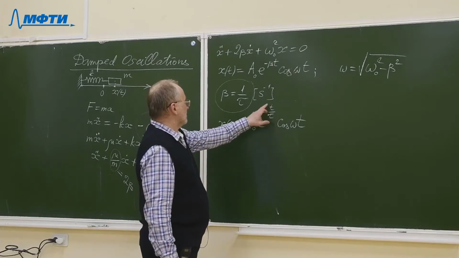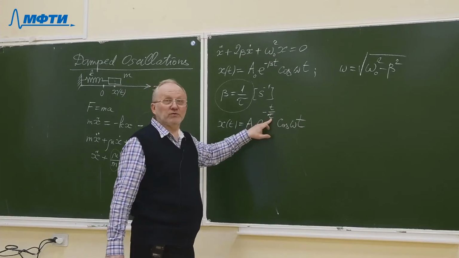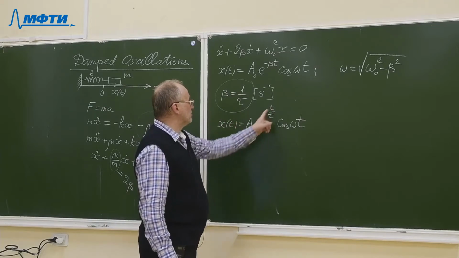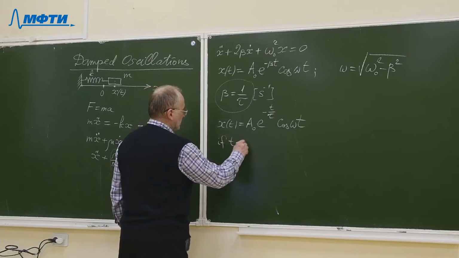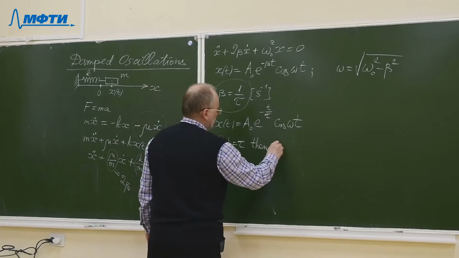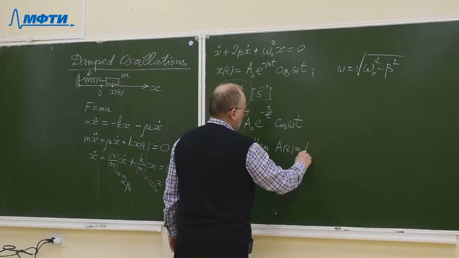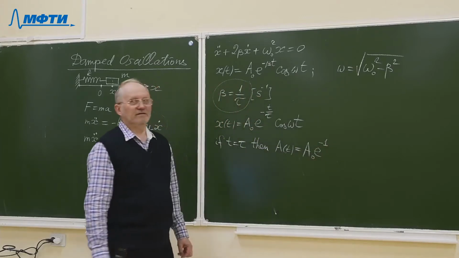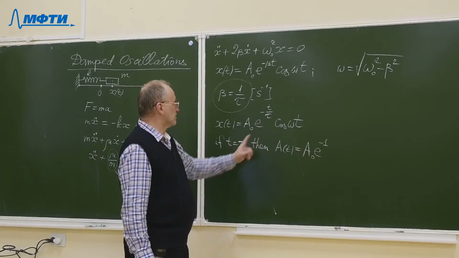Now it's absolutely clear what is the physical meaning of tau. Tau is such a time interval during which the amplitude will be reduced by a factor of e. So if time equals tau, then the amplitude of t will be equal to the initial amplitude exponent to the power of minus 1, if t equals tau.